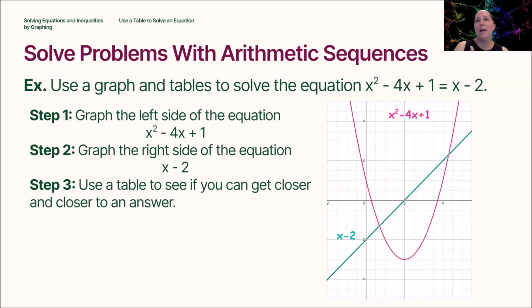So in this case, I have x squared minus 4x plus 1 and x minus 2. I graphed the left side of my equation and the right side of my equation. And I can see that the points where they overlap are not anywhere close to an actual whole number.